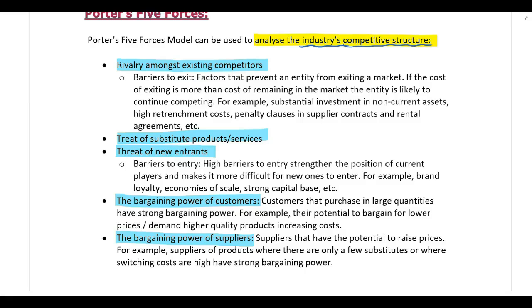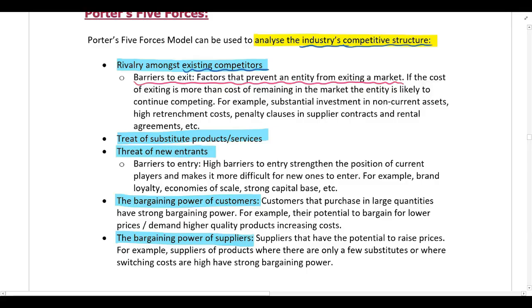Rivalry amongst existing competitors. So guys, this is competition between companies that already exist within the industry. So the competition already exists. Now, barriers to exit. These are factors that prevent a company from exiting or leaving a market.